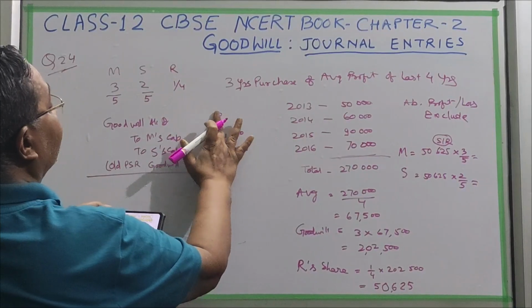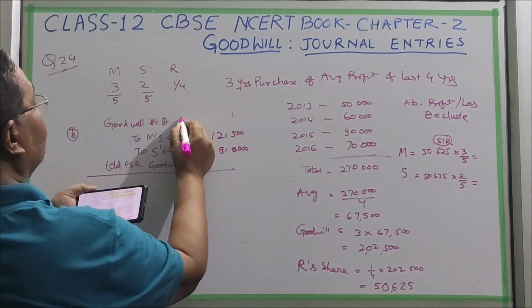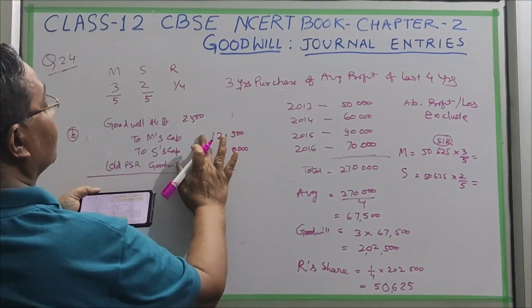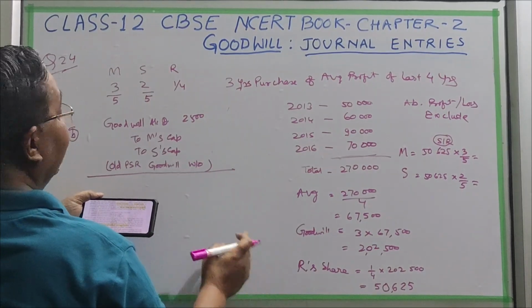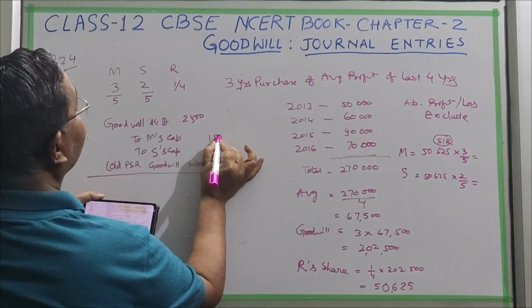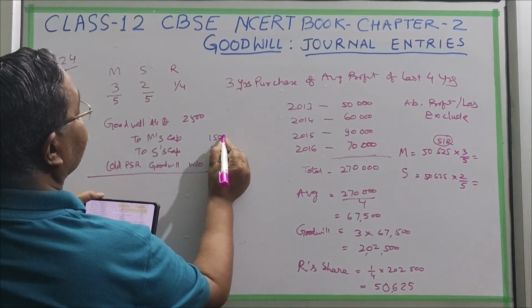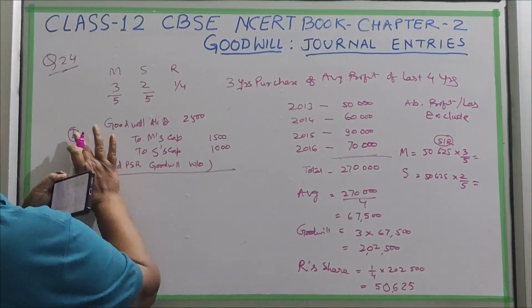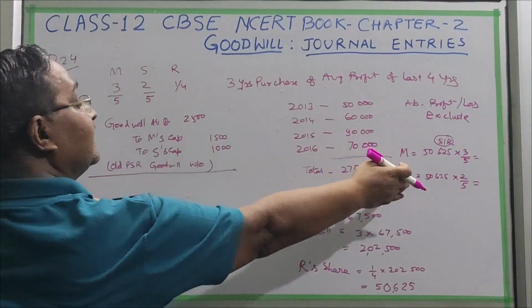Condition A is over, now condition B. 2,500 already appears in the book, so you debit 2,500 in their old ratio, 1,500 and 1,000. So this will be there. Now point C is coming.